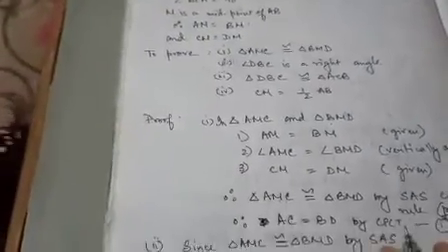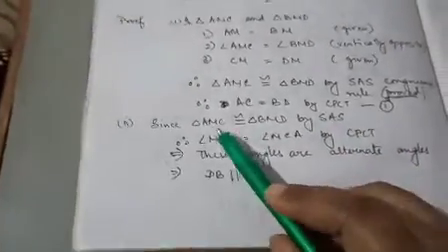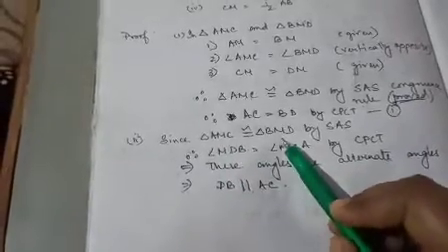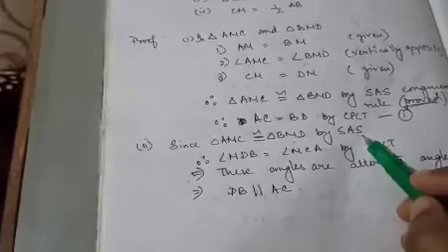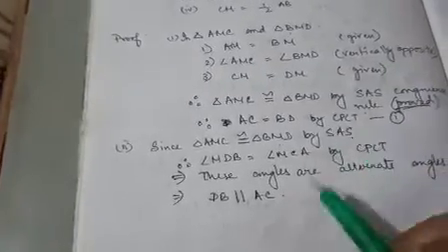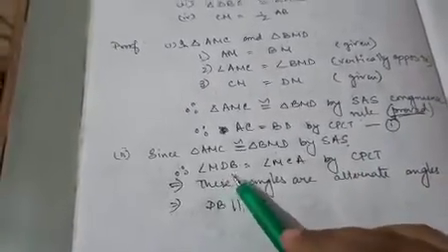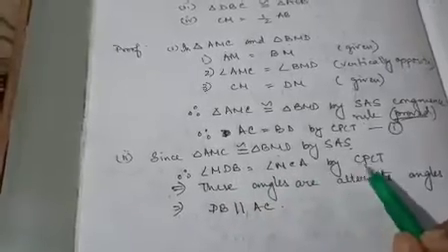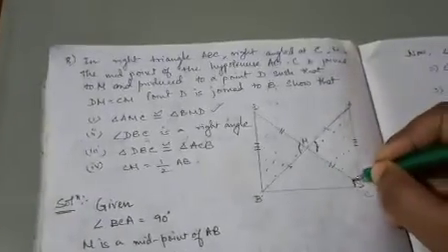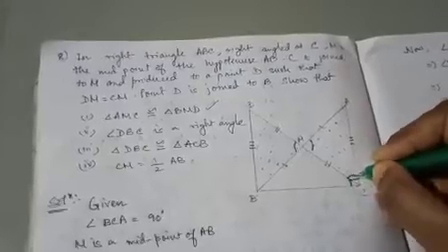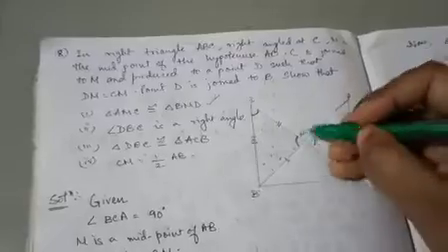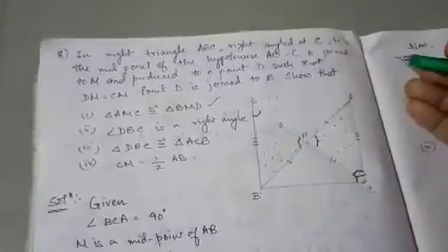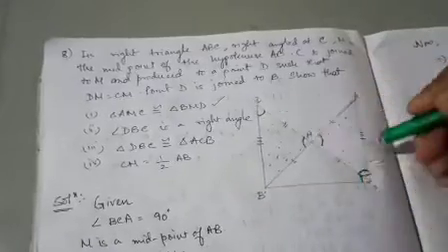So first we will write that triangles AMC and BMD are congruent by the side angle side congruency rule. Since they are congruent, angles MDB and MCA are equal to each other by CPCT, and also they are alternate angles.